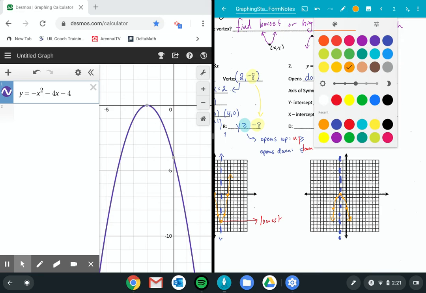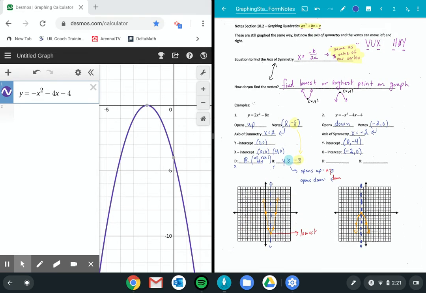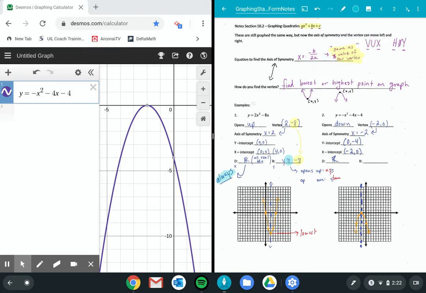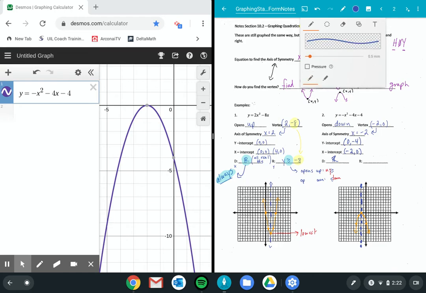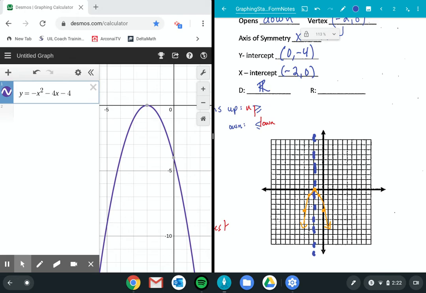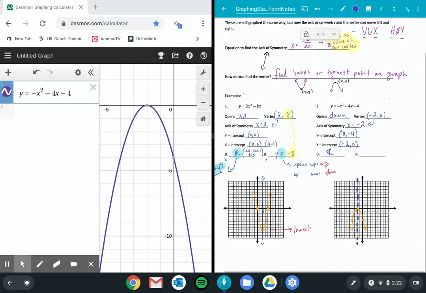So, finishing this out, the domain is always all real numbers. Like I said. The range in this case, I have a highest value, and like we talked about, which means I opened down.